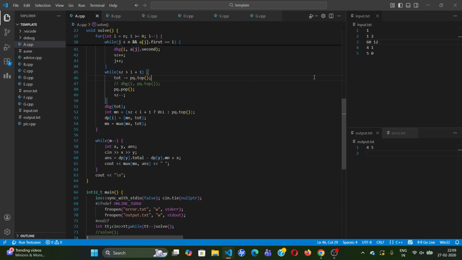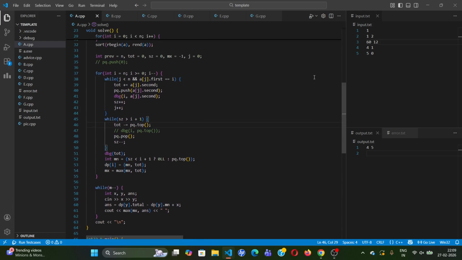But consider that is from n to 0. If 12 works, then this also. 60 and 12. 0 it is working from.